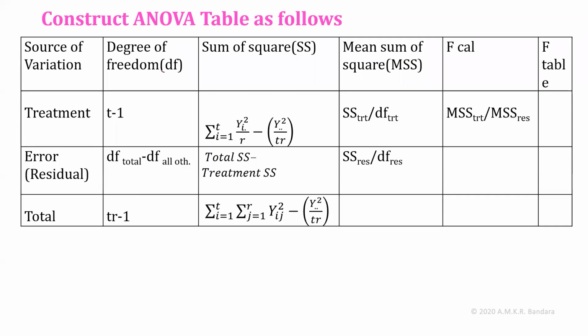Each source of variability will have degrees of freedom. Total degrees of freedom means total number of observations minus 1.